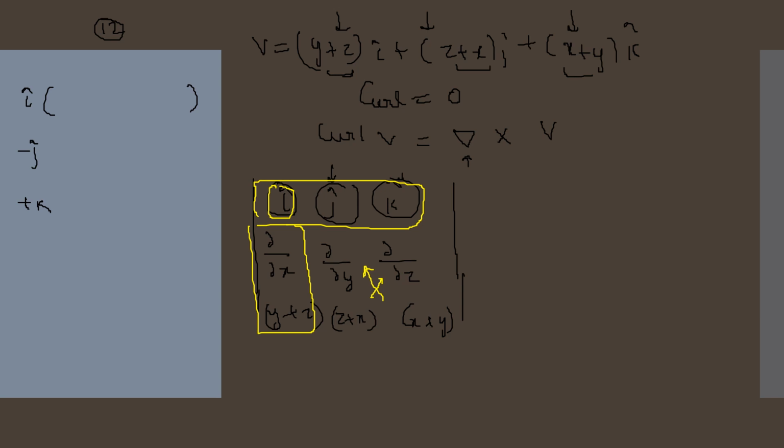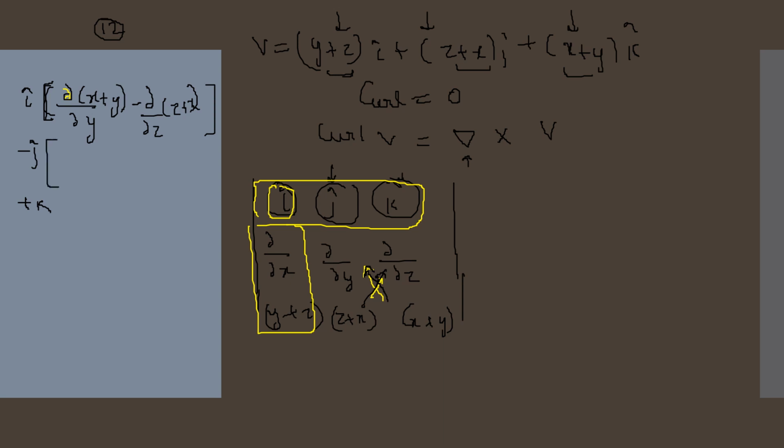So del by del y of, firstly, what is it? x plus y, in square brackets, x plus y, right? Minus, here del by del z of z plus x. Correct?